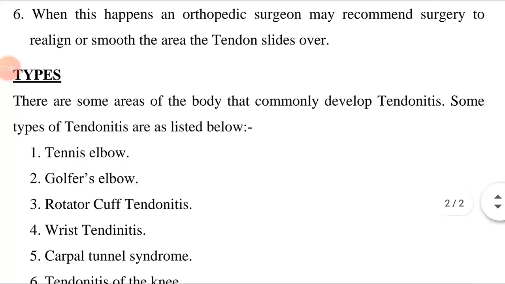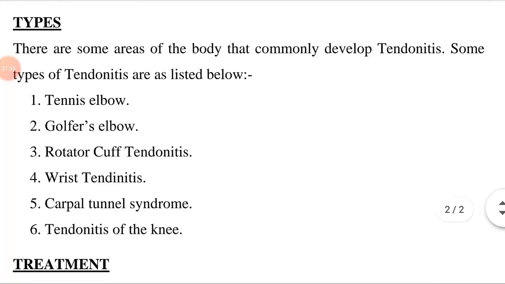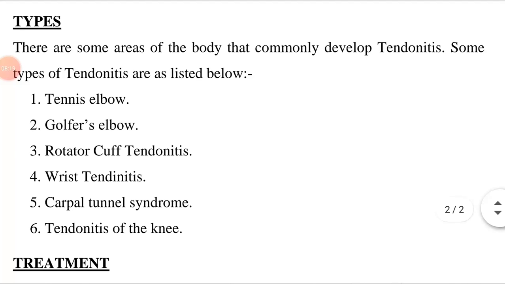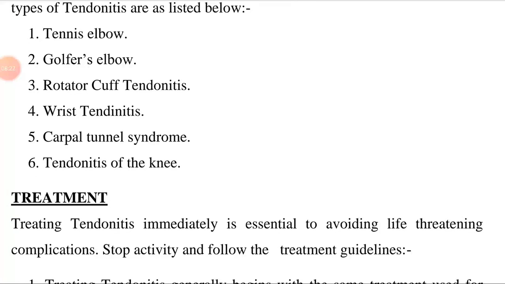Types mean kinds or categories. There are some areas of the body that can commonly develop tendinitis. A few are marked below. Tennis elbow means inflammation of tendons of the elbow caused by overuse of the muscles of the forearm.